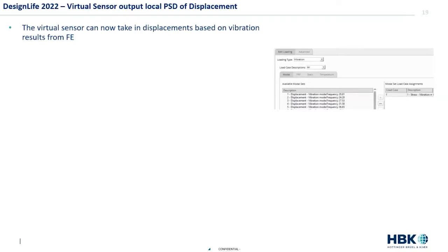So from a time-based analysis, you could extract your forces at a spot weld, for example, or extract your accelerations to look at accelerations in the model if you got the correct time-based analysis. But in this release, we've added the ability to take displacements based on a vibration analysis from your FE.